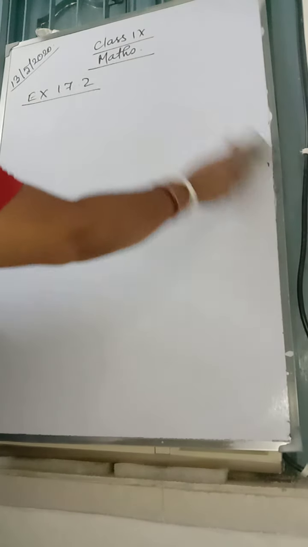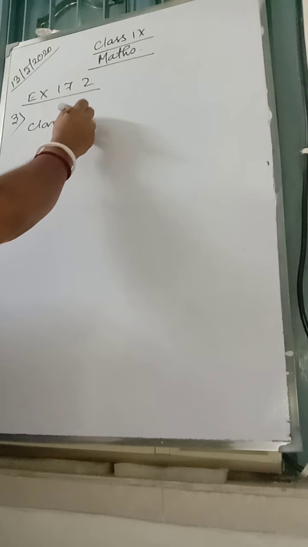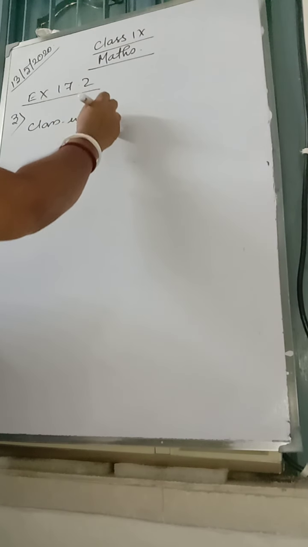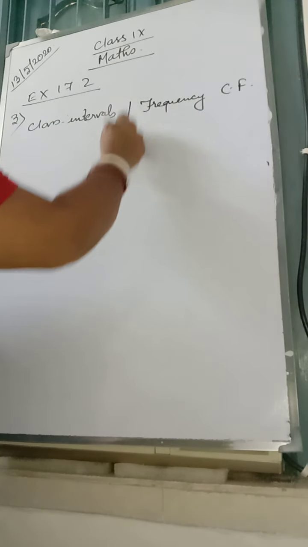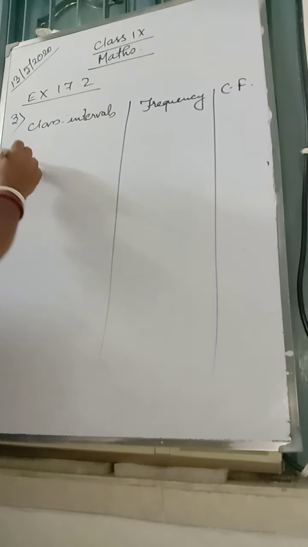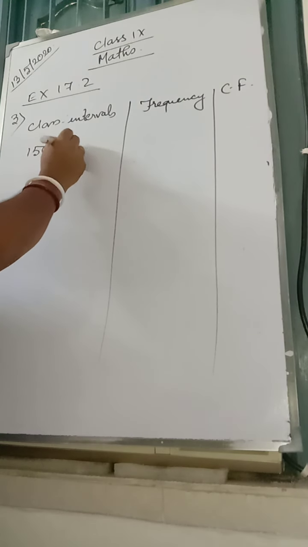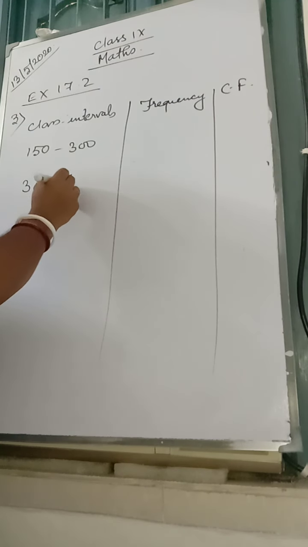So we can write, look at question number 3. Here we'll be writing class intervals, frequency, cumulative frequency. Now class interval, we can take 150 to 300, 300 to 450.